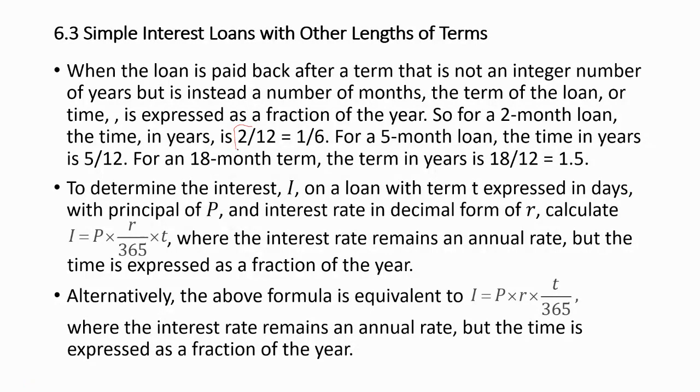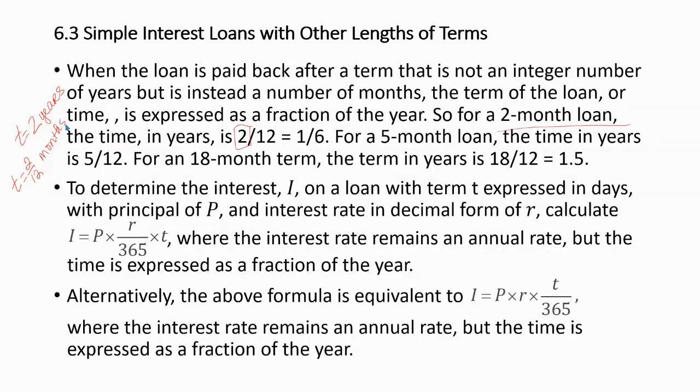So right here, I'm looking at the 2, if it's a 2-month loan. So instead of putting T equals 2, because T equals 2 means years, right? Because everything was in years a few minutes ago. So we have to change this because it's not in years anymore. It needs to be in months. This means 2 months because 1 year is equal to 12 months, so 2 over 12.